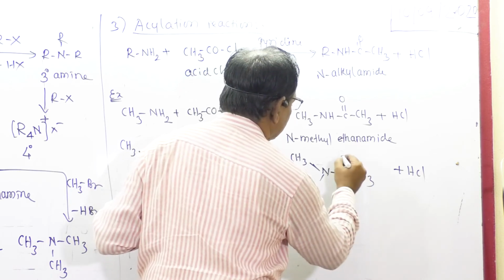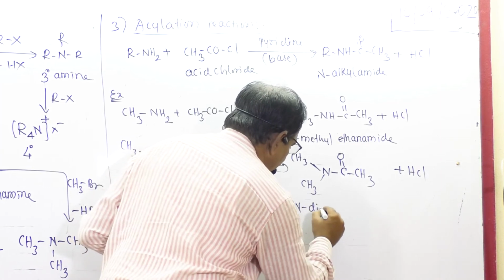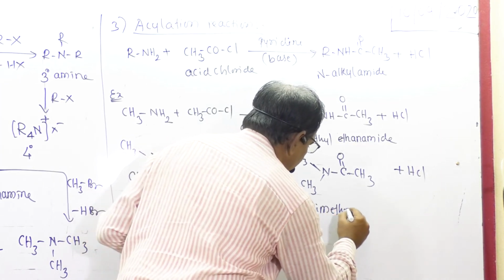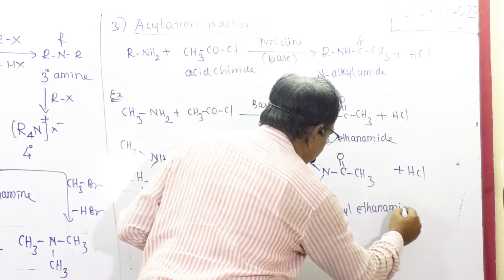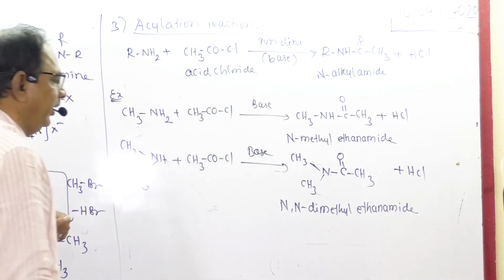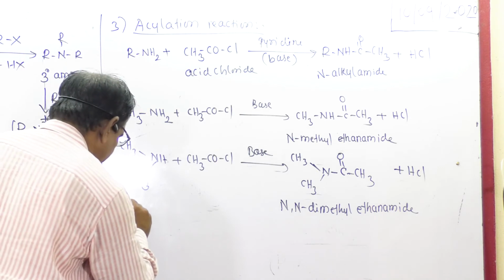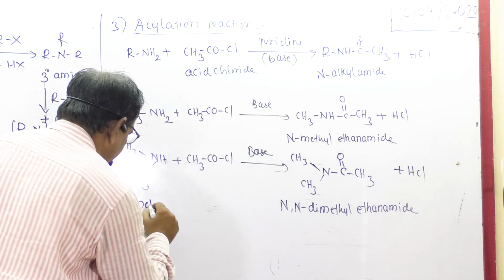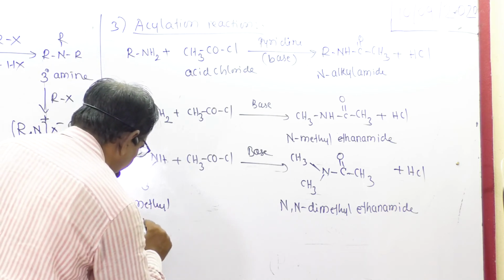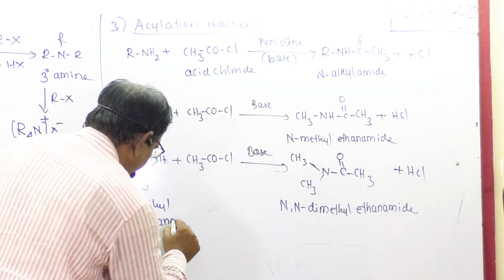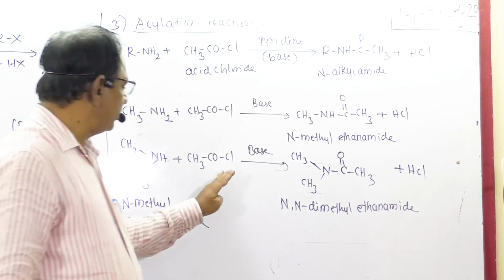So this is called N,N-dimethyl ethanamide. N,N-dimethyl ethanamide, which is treated with acetyl chloride.